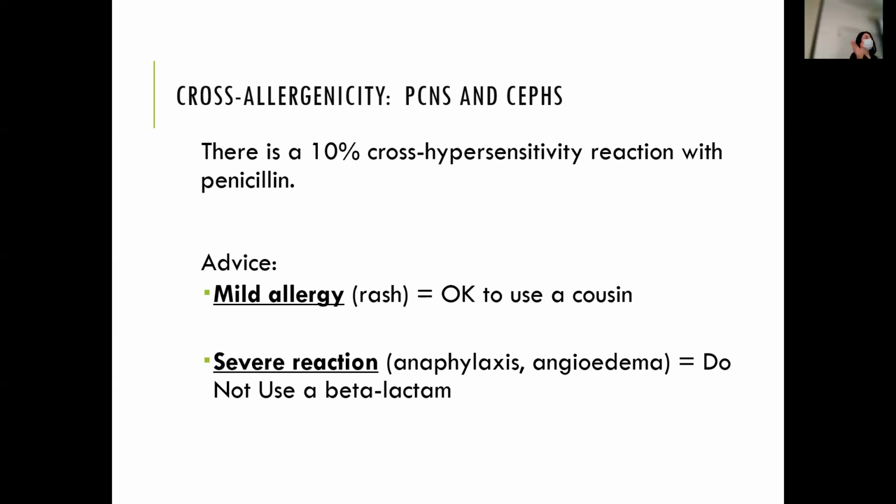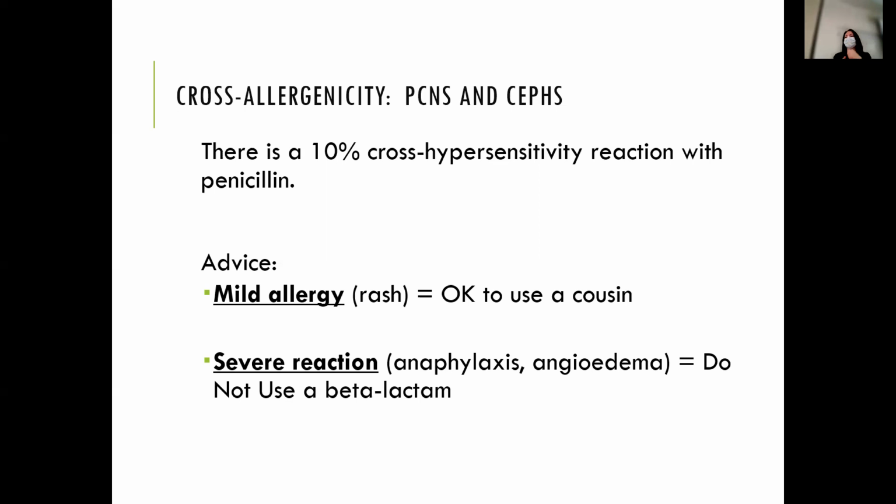But the take home there: a mild allergy is a rash, like hives, things like that. Obviously, if someone is having swelling and difficulty breathing, that's not mild anymore. We always want to take any kind of small allergy seriously, like a rash, because sometimes it's just those first exposures, and then the next time or the third time, it can get serious.